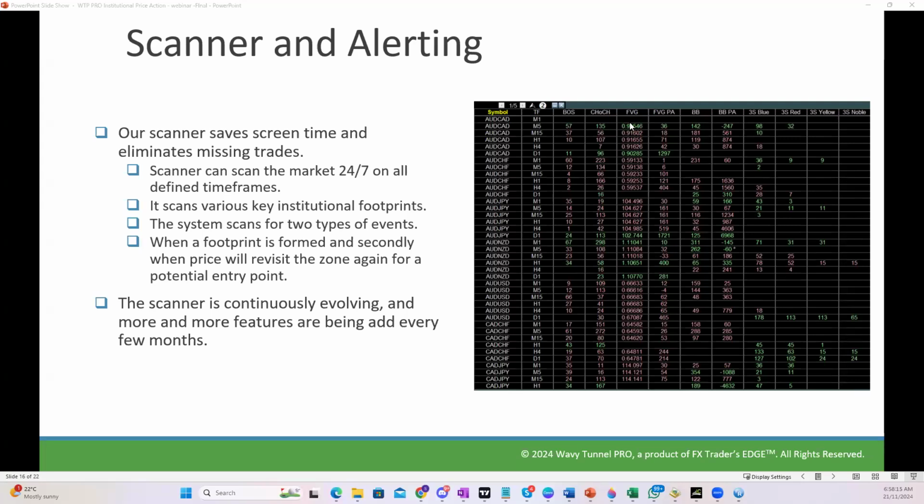Then we have a fair value gap. Fair value gap is a very simple 3-candle approach. I think many people know about this one. So you got candle number 1, candle number 2, and candle number 3. And often you have a wick somewhere around here.